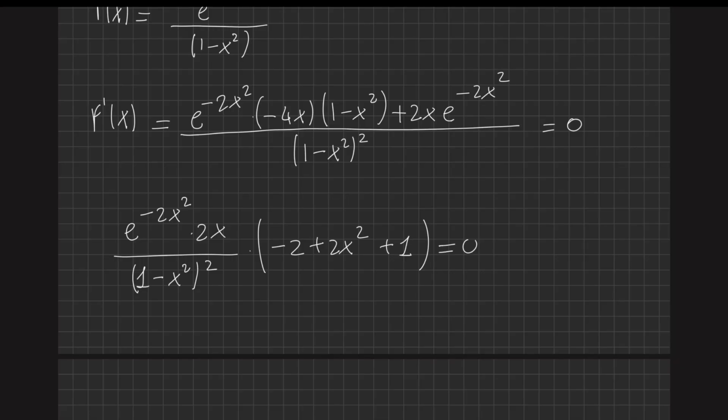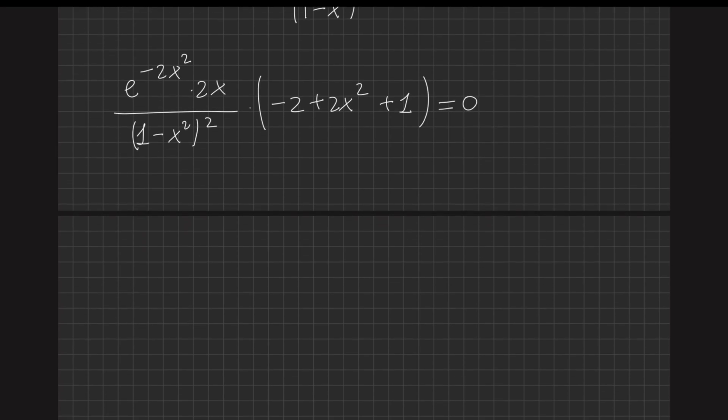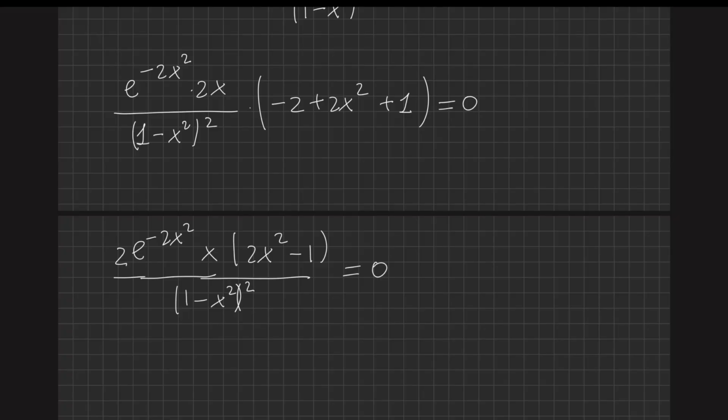This has to be equal to 0. We can further simplify it as e to the negative 2x squared, the 2 up in front, x times (2x squared minus 1), all divided by (1 minus x squared) squared. And this has to be equal to 0.